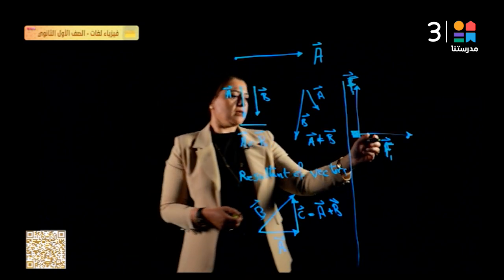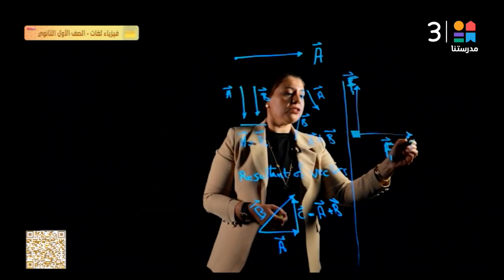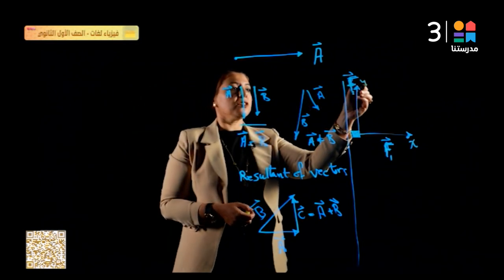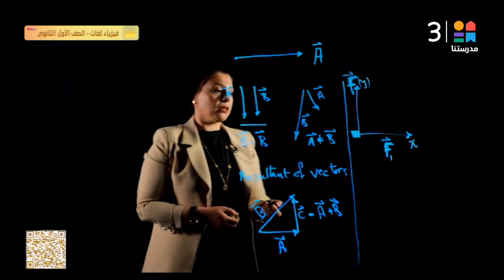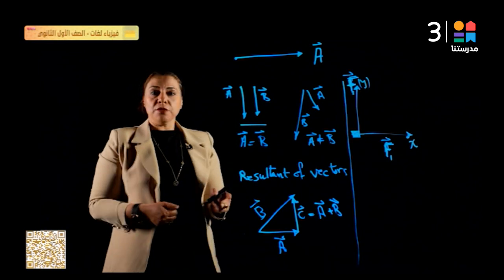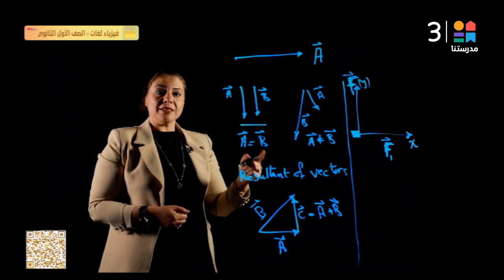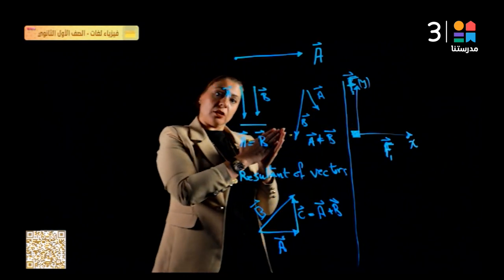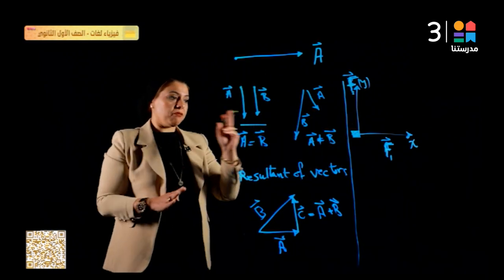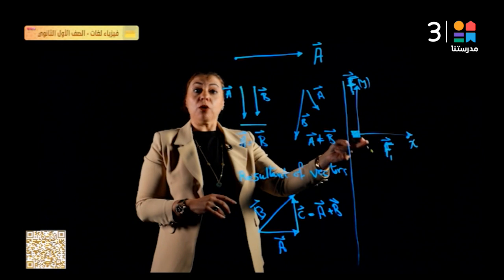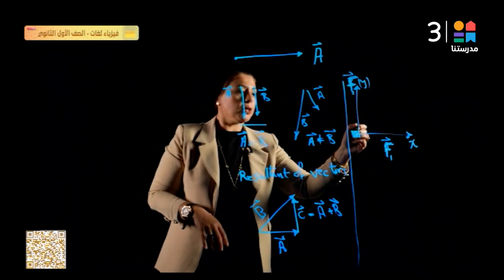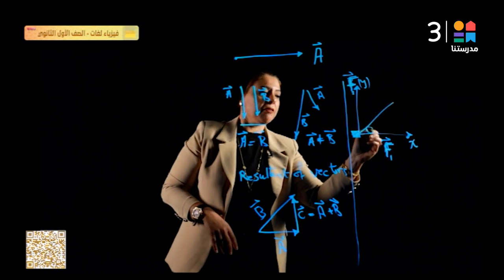F1 is applied in the positive direction of the x-axis, and F2 in the positive direction of the y-axis. The resultant force, or resultant vector, is located between the two vectors. It's not exactly in the center. If F1 is not equal to F2, it is still located between them, and it makes angle theta.